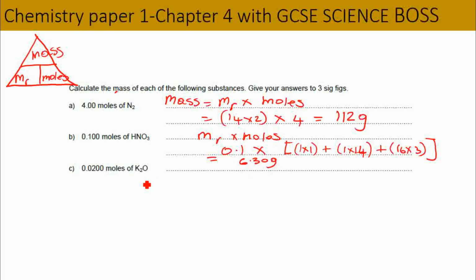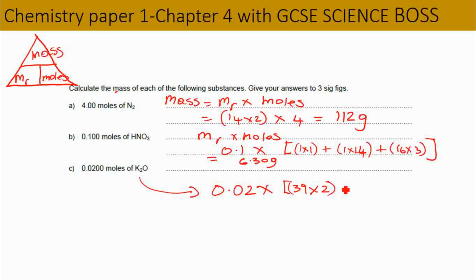6.30 grams. Good. And then finally, for this calculation, it's going to be 0.02. We're timesing that by potassium, which is 39, which I'm getting from the periodic table. So that's 39 times 2.